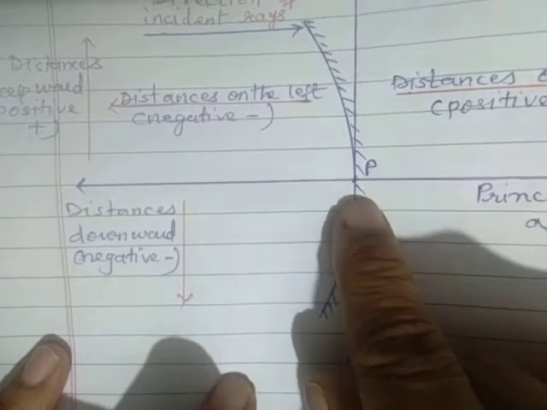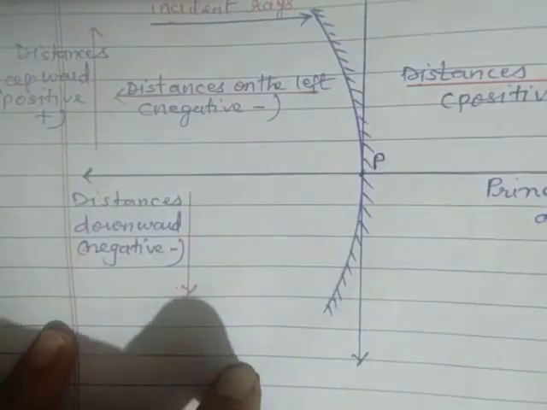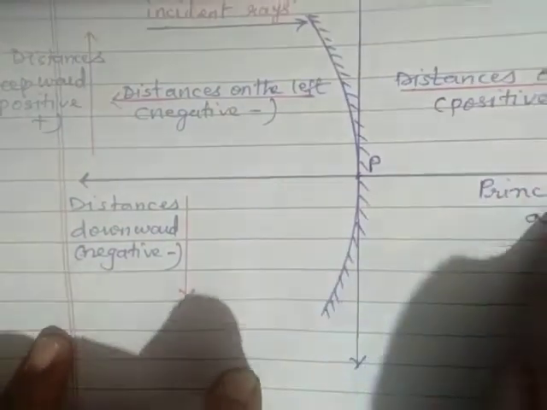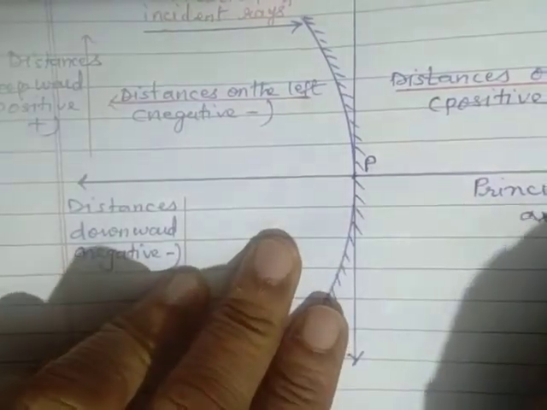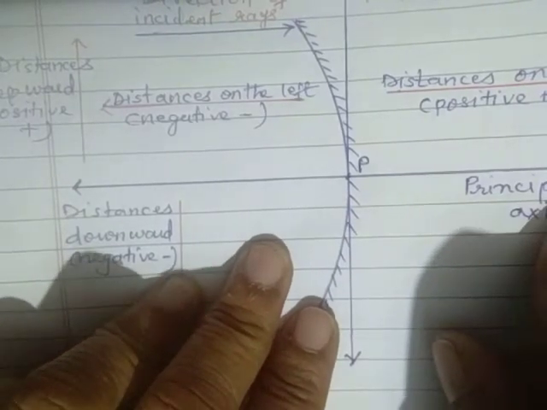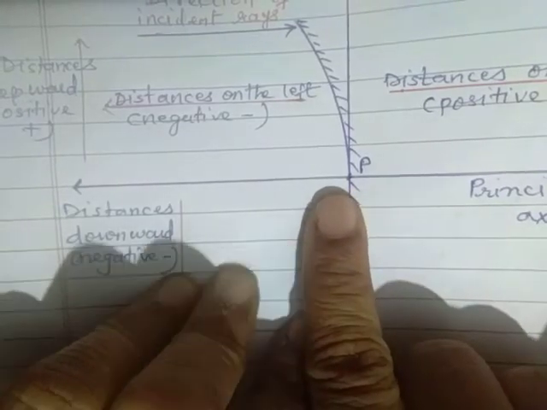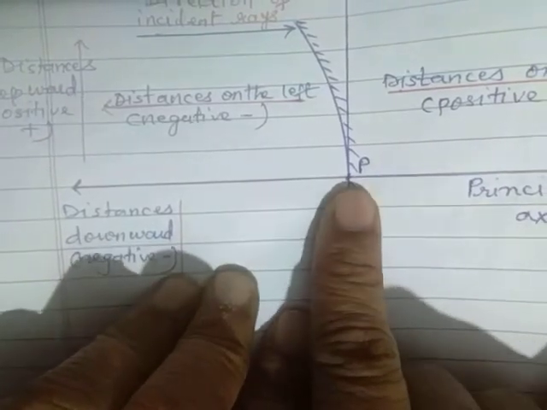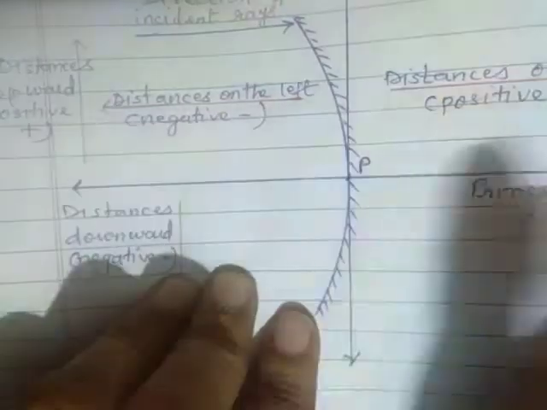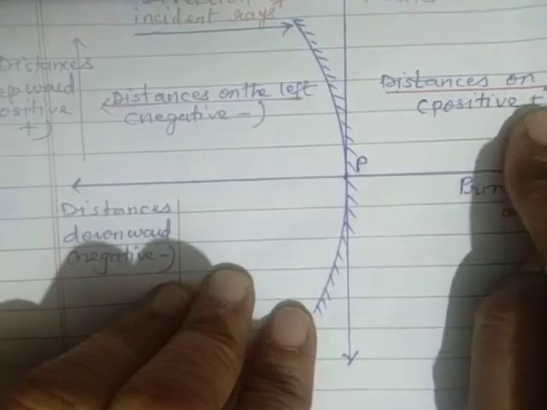Okay, and all the distances measured towards the right of the pole are taken to be positive, because this x-axis on the right hand side, as I have mentioned to you, is nothing but positive in nature. Therefore, all the distances which are measured from the pole towards the right hand side of the principal axis are taken as positive.